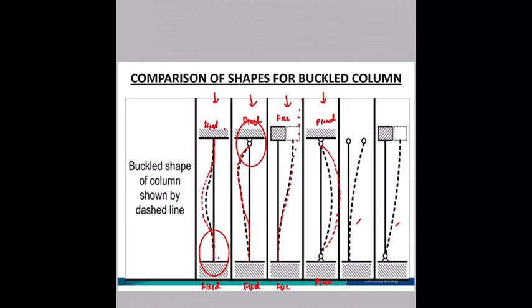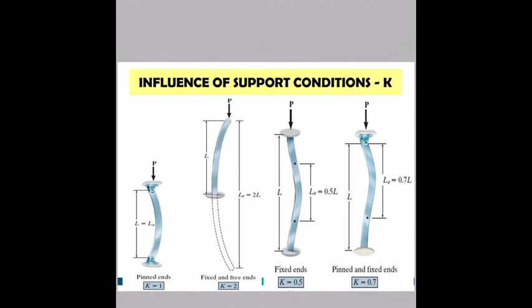If you look at the buckling shape, you will also have a K factor to calculate the effective length. So this is the influence of support condition on the effective length. For pin connection, we simplify the drawing. This is a pin connection.